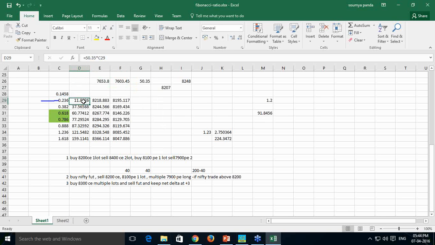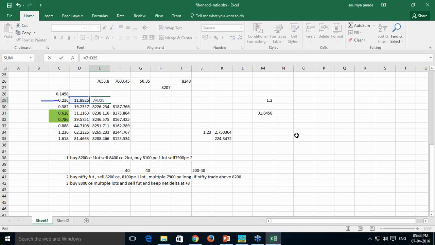These are the Fibonacci price ranges, or the ratio price ranges, I got. I have to subtract from the high, so my high for this particular method is 7653.8. From here I have to subtract, and to the low I have to add.